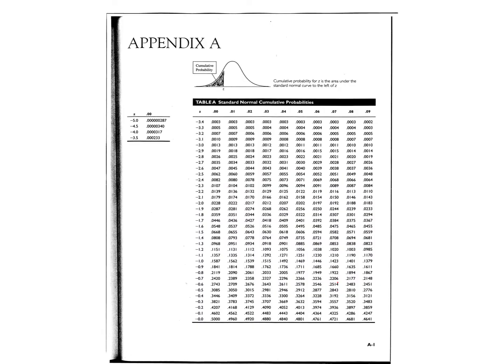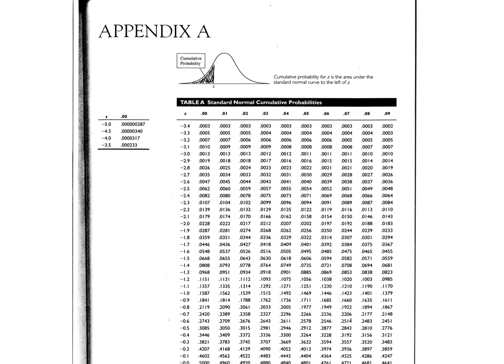All right, so now I'm looking at my z-chart again, my standard normal cumulative probabilities. And I want to look up a z-score of negative 0.24. This is our z-score.